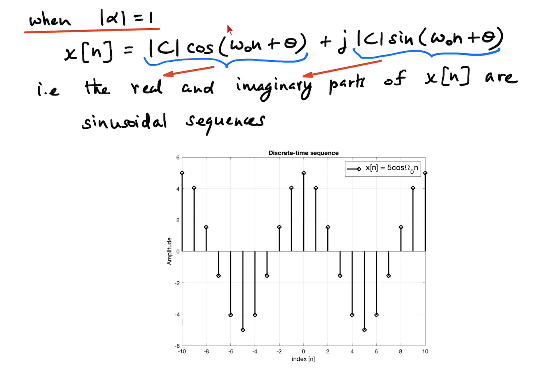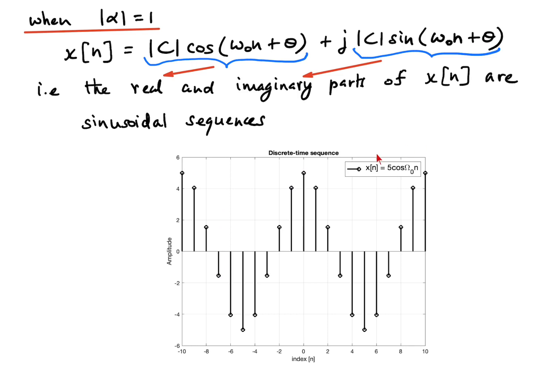What we get is a cosine sequence and a sine sequence multiplied by a number which is magnitude c. The magnitude of any parameter or any number is just the number, right? So basically we get the real and imaginary parts of this complex sequence as sinusoidal sequences. The real part is going to be a cosine sequence and the imaginary part is going to be a sine sequence.